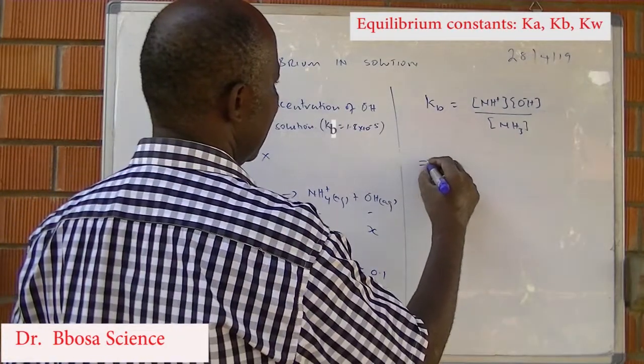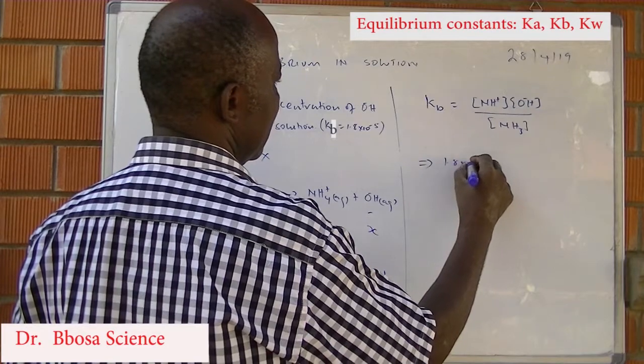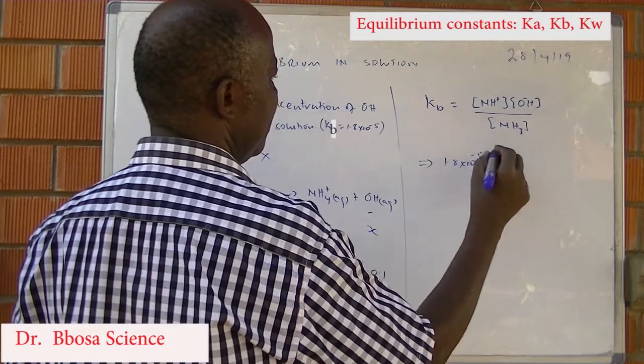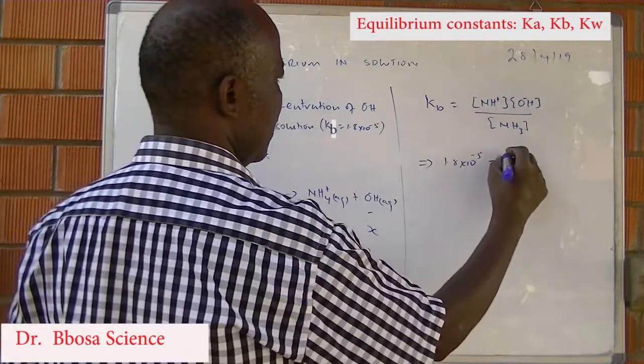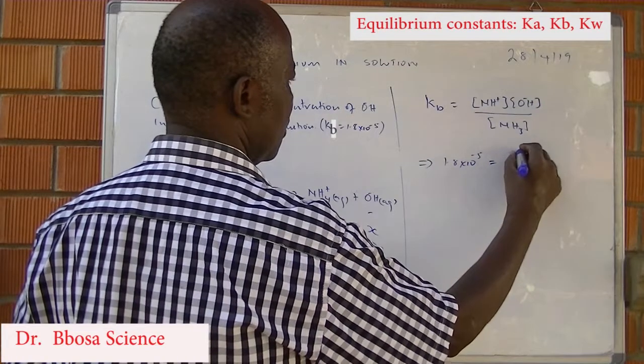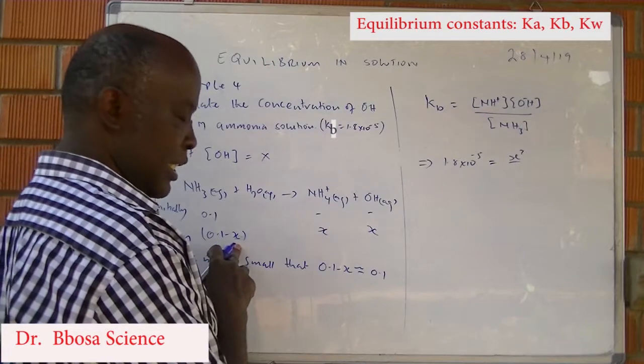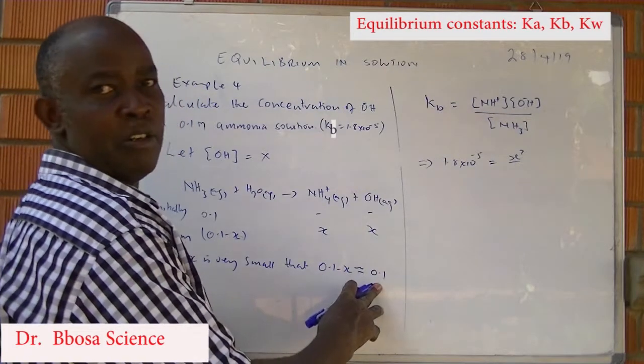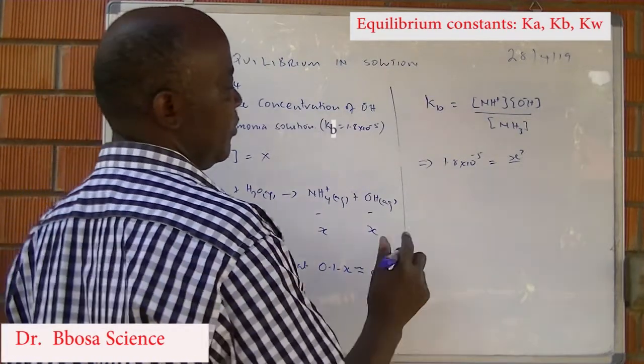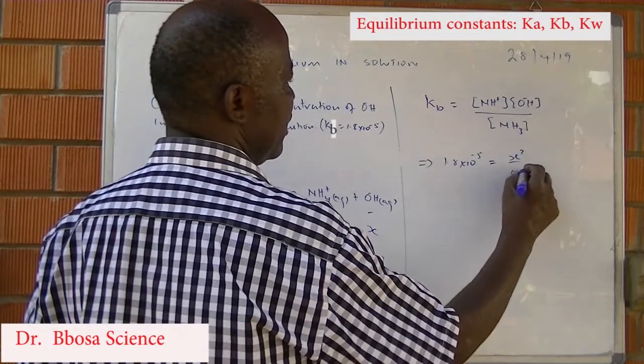It implies that 1.8 times 10 to the power negative 5 is equal to X squared over 0.1, because we said that 0.1 minus X is approximately equal to 0.1.